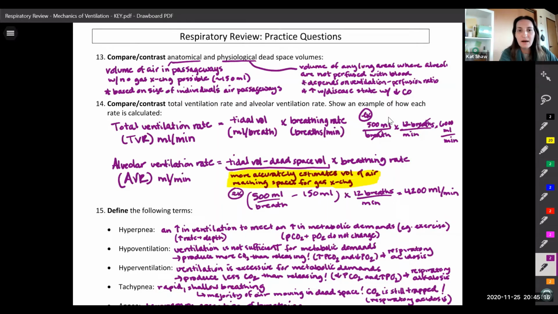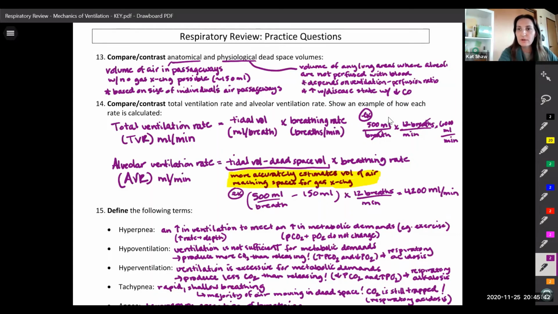We calculate it by multiplying the tidal volume, the amount that's taken in per breath, with your breathing rate, your breaths per minute. And we see what here in the units cancels out. We're left with the volume per minute. Very similar to cardiac output in terms of heart rate times stroke volume.